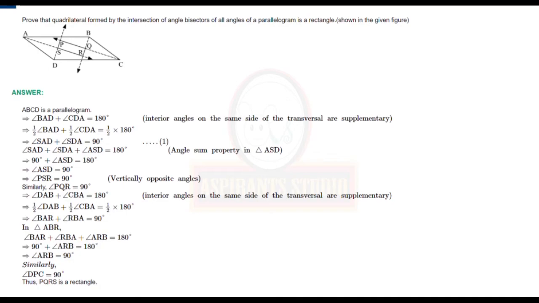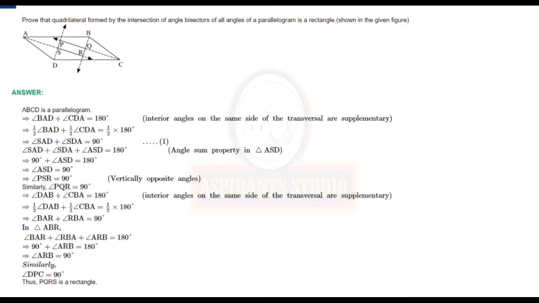Now what is measure of angle SAD? Measure of angle SAD plus measure of angle SDA is given to be 90 degrees in equation number 1. Pick up that and replace here.